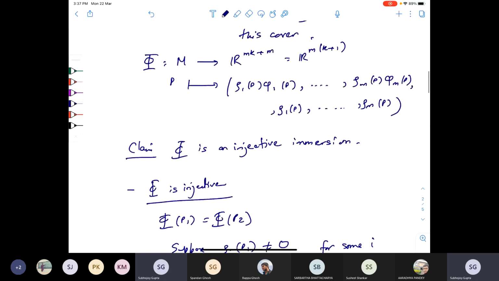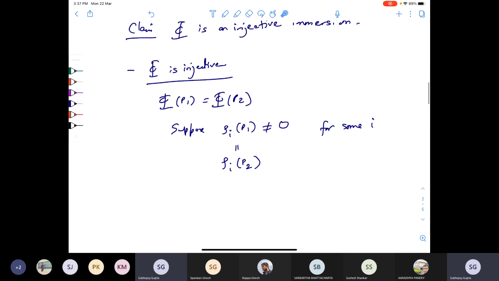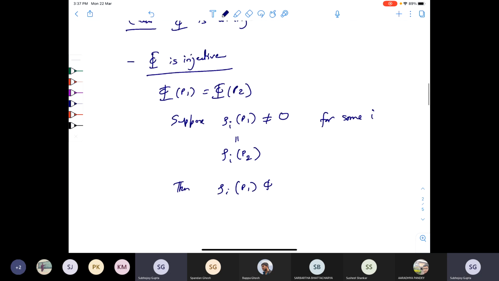Looking at the ith one, we know from our assumption that rho i of P1 times phi i of P1 equals rho i of P2 times phi i of P2. Since these are not 0, these factors cancel, so phi i of P1 equals phi i of P2.